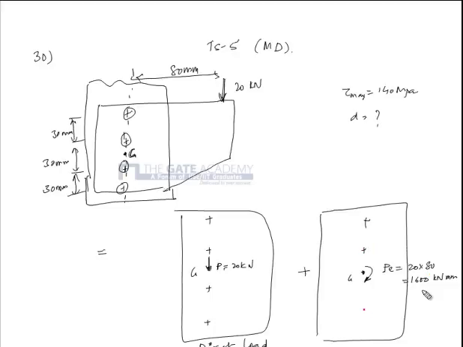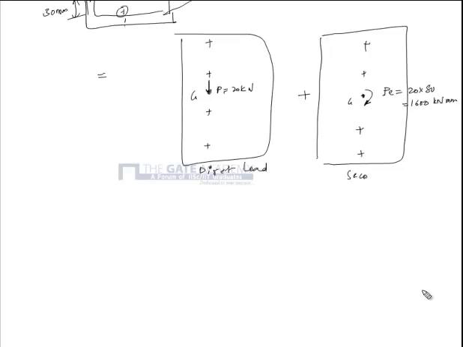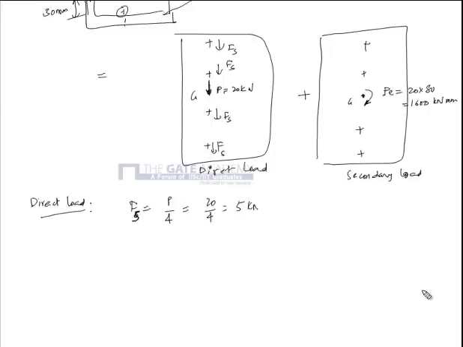Now let's see how the forces are induced in the rivets because of the primary and secondary loading. Because of the direct loading, there will be direct shear forces on the rivets, written as Fs. All the rivets share an equal shear load, and the primary shear load Fs is P by 4, because there are 4 rivets, so 20 by 4 is 5 kilonewton.